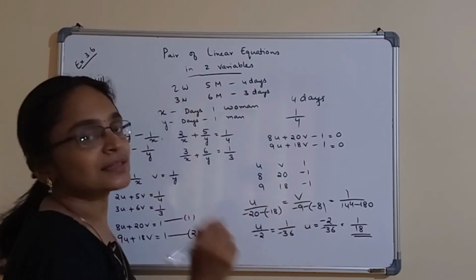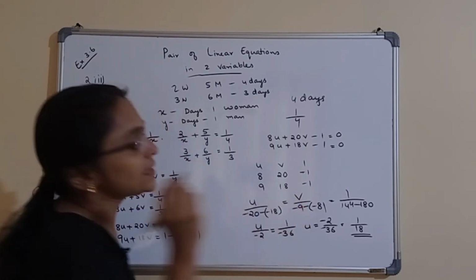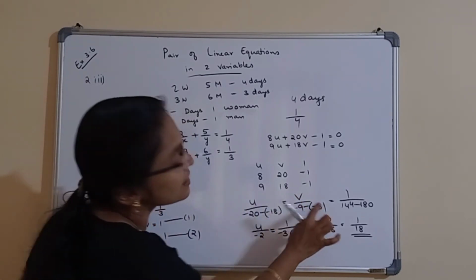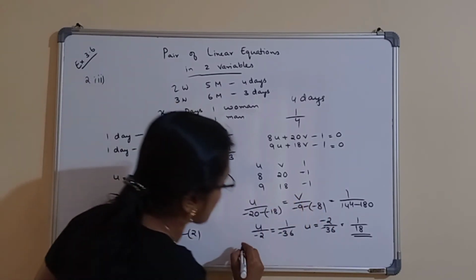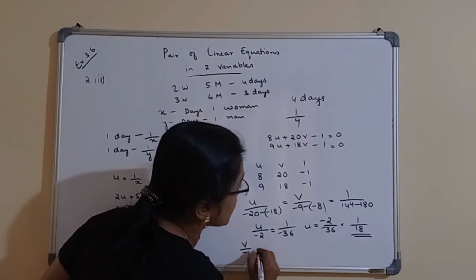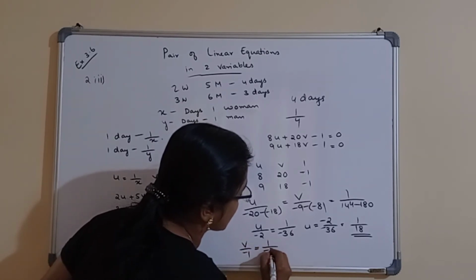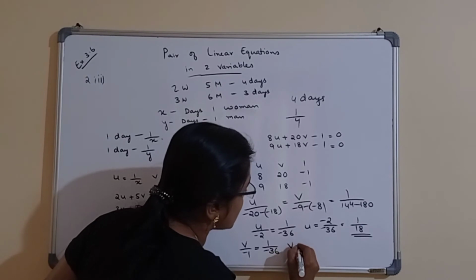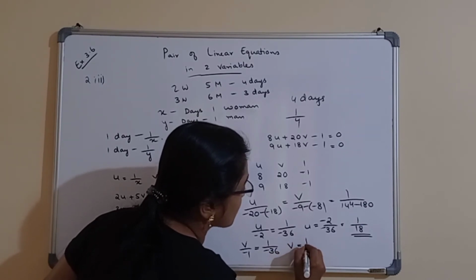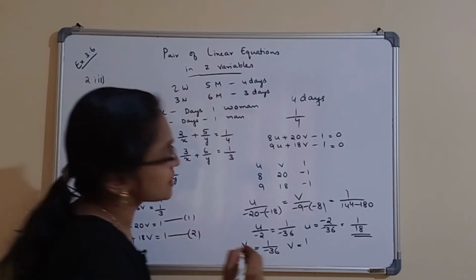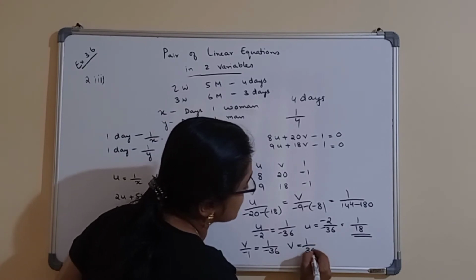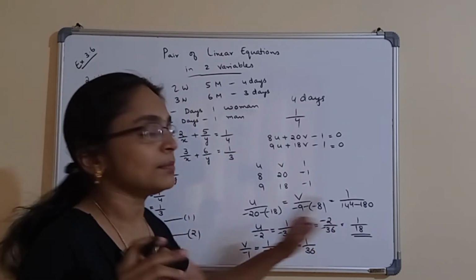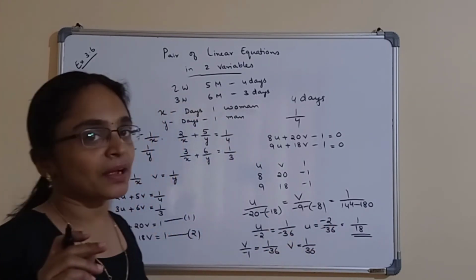We can equate this. V by minus 9 plus 8, right? So minus 9 plus 8 is minus 1. So v by minus 1 is equal to 1 by minus 36. So v is equal to minus 1 by minus 36, which is 1 by 36. So we got u as 1 by 18 and v as 1 by 36.